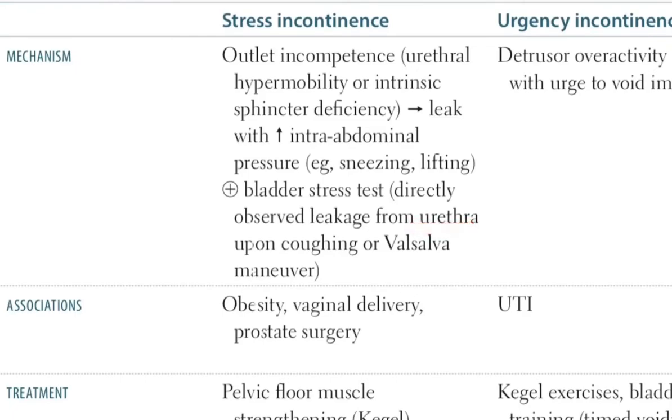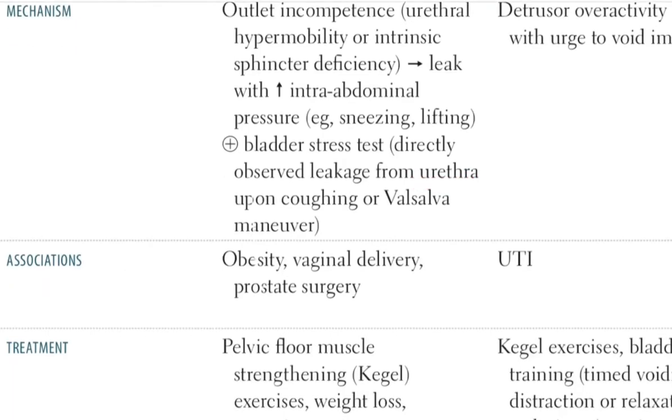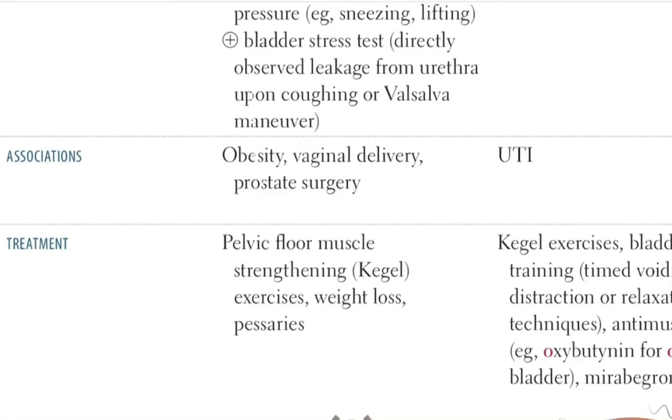Now, what are the primary associations of stress incontinence? It is obesity, vaginal delivery, and prostate surgery. Am I clear? So, these are the three major associations of stress incontinence.